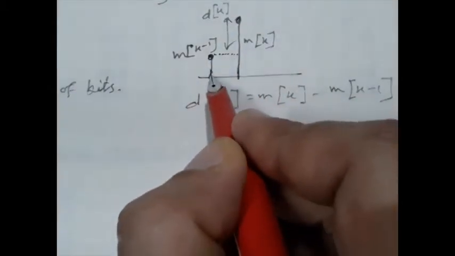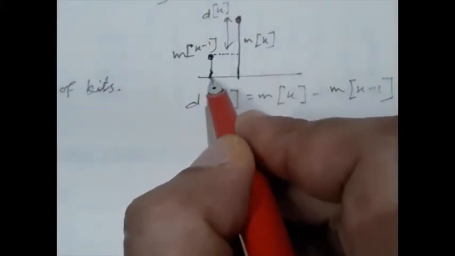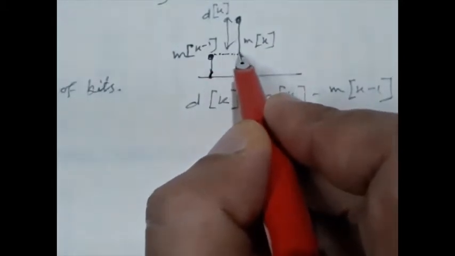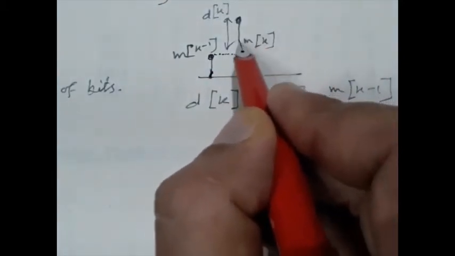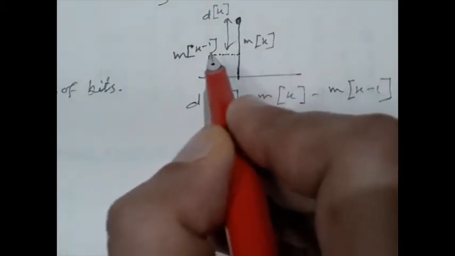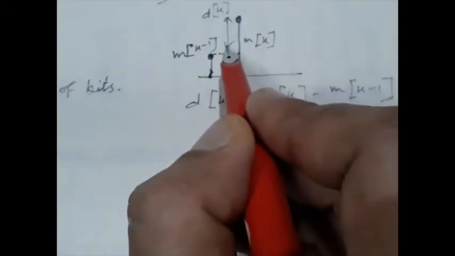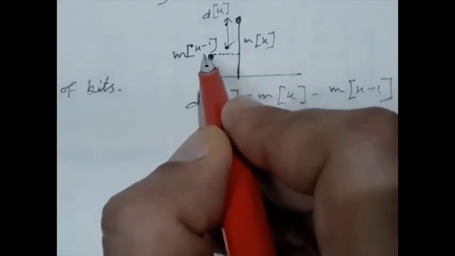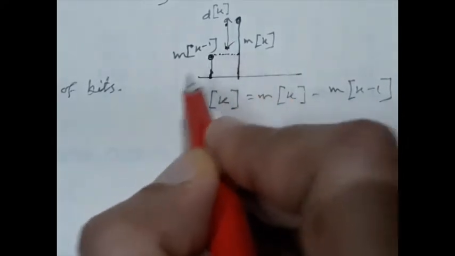So somehow we have transmitted the previous sample, then instead of transmitting the next sample, we will transmit the difference between the earlier one and the later one.